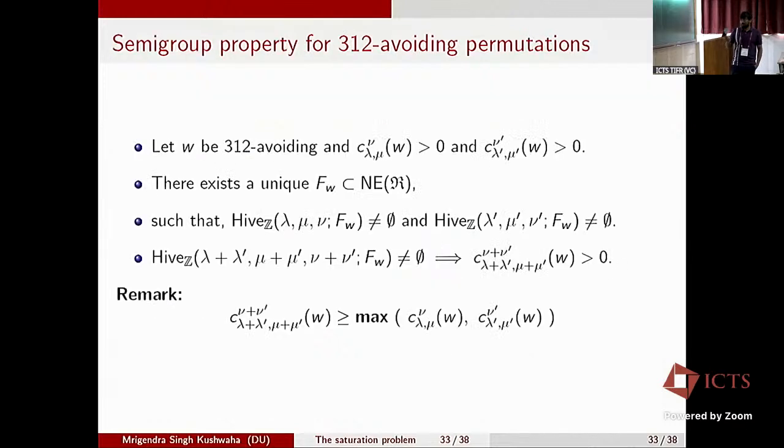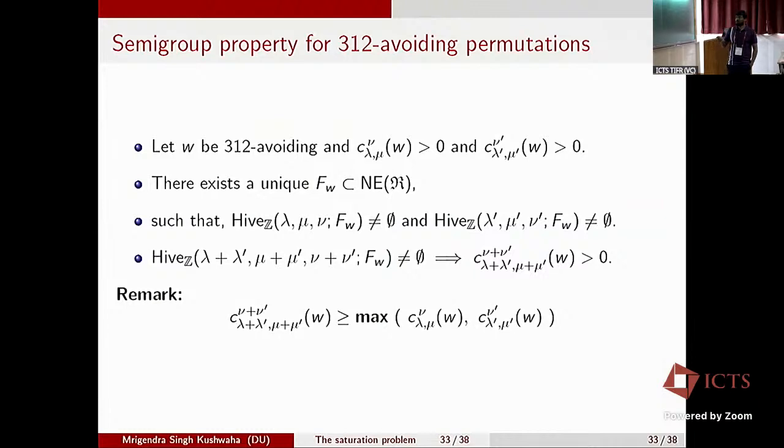Because this is just a single face, we are able to prove the semigroup property for 312 avoiding permutations. If we take W to be a 312 avoiding permutation, and suppose these two coefficients are positive, then we know there exists a unique FW of the northeast rhombus such that there is an integral point in this hive polytope. So these integral points are non-empty. There is a point here, and a point with lambda dash.